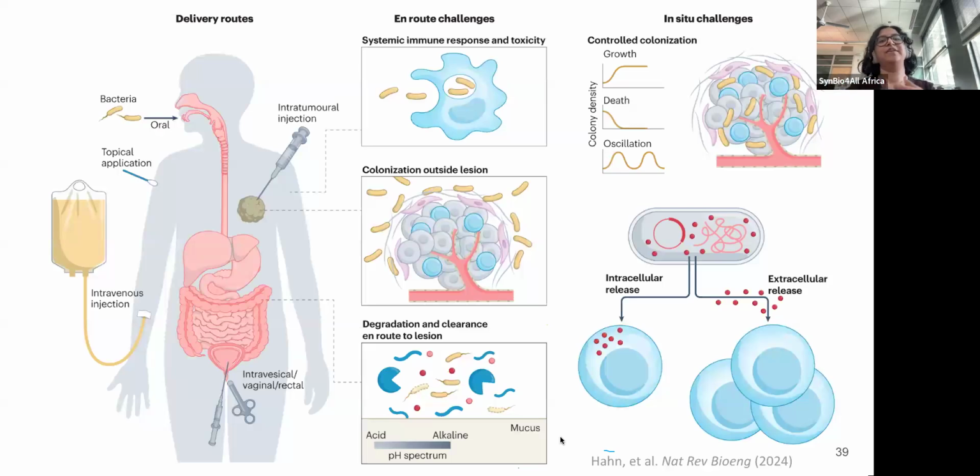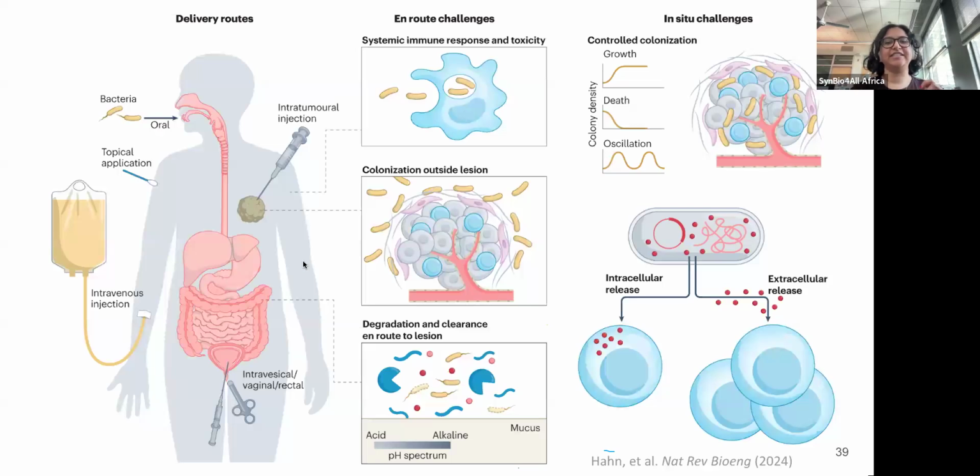Depending on how you're administering the bacterial therapy, it'll have different barriers to effective delivery. When you're injecting or using intratumoral injection, you can get systemic immune response and toxicity owing to the response of your immune system to the bacteria.